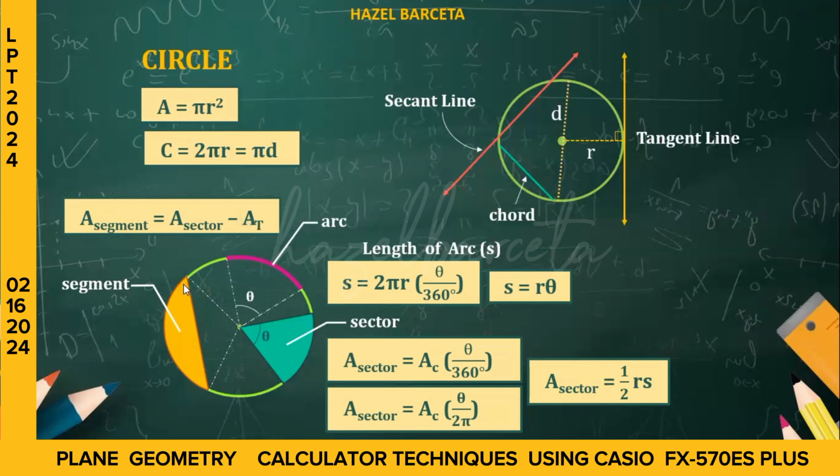Okay? Area of sector, so this is the sector, and area of sector minus area of triangle. So area of triangle is this part. Ayan. Okay? So, ayan na, we have the segment, we have arc, we have sector, second line, tangent line, radius, diameter, and chord.